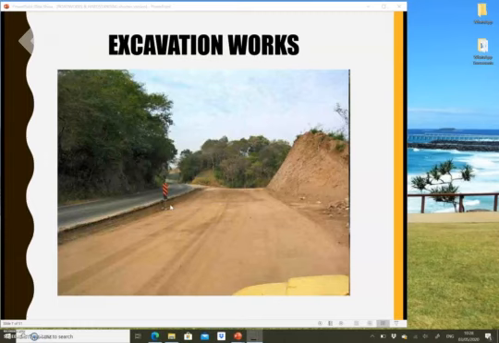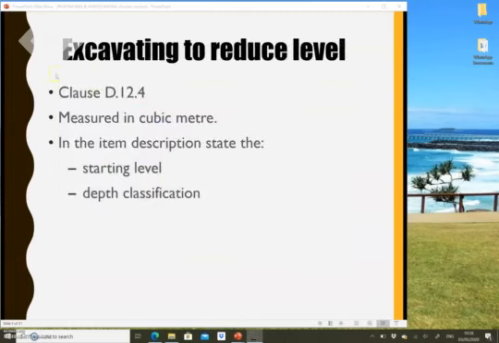Okay, so we'll go through this very quickly because we've done this many times before. Okay, so section D 12.4 is supposed to be measured in cubic meter. It says that excavation to reduced level shall be given in cubic meters.